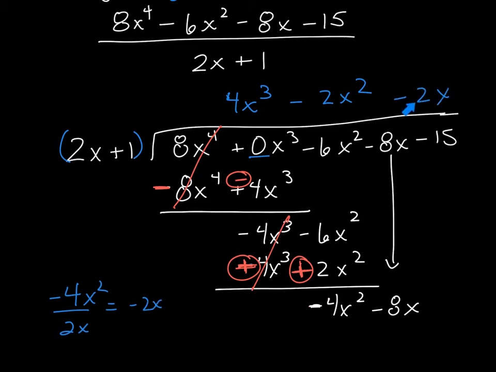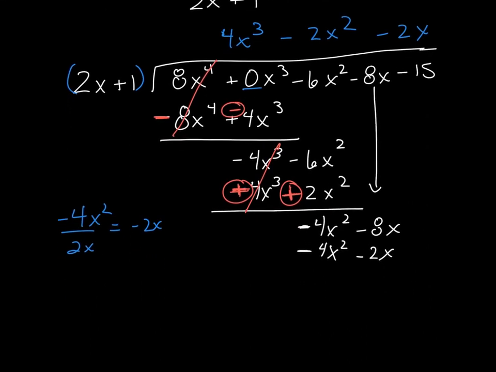Then I'm taking that negative 2x and multiplying it times both pieces in my divisor. So again, negative 2x times 2x will give me a negative 4x squared. Then I have negative 2x times 1, which is just a negative 2x. Change my signs. This becomes positive. This also becomes positive. The 4x squareds cancel out.